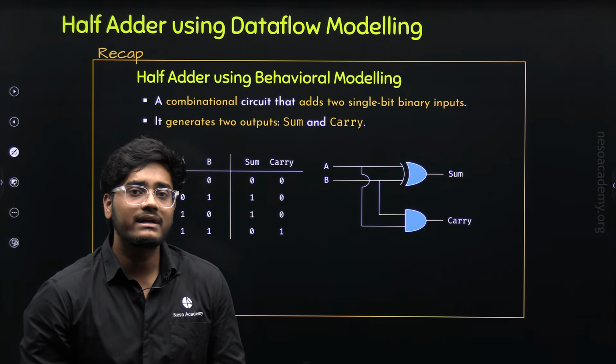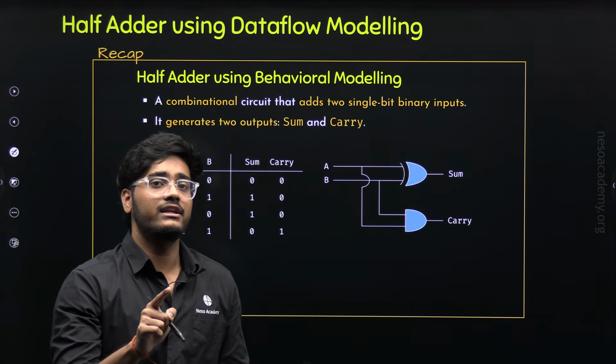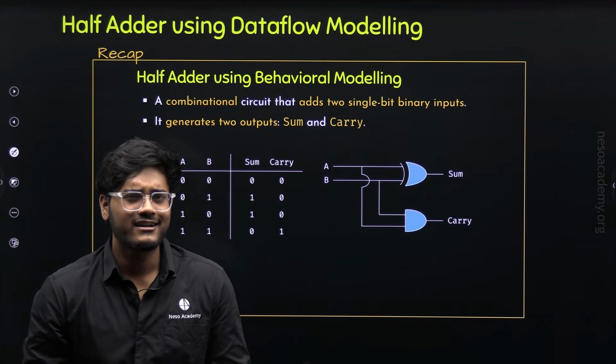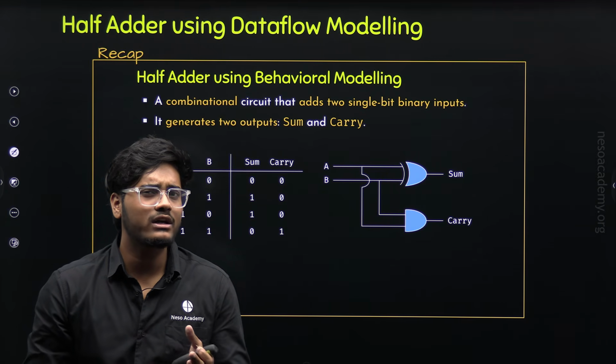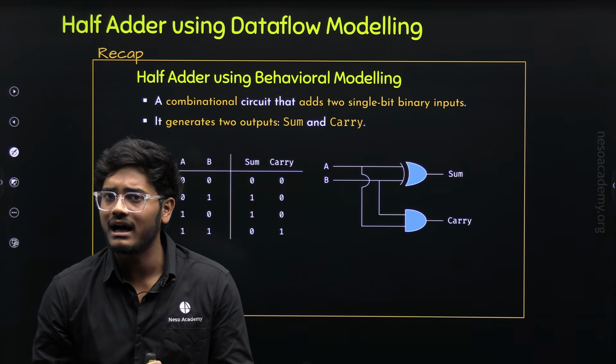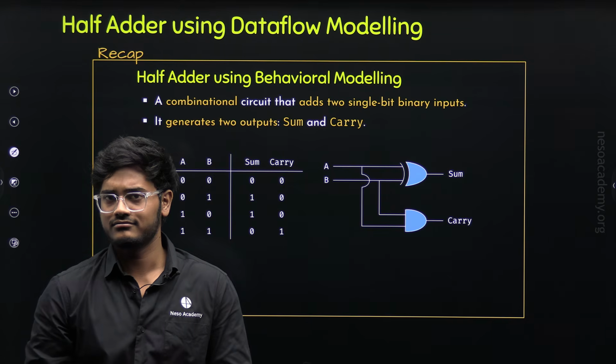Now, let's implement this half adder in Vivado using data flow modeling. I hope you remember what data flow modeling is and why we call this modeling style data flow.